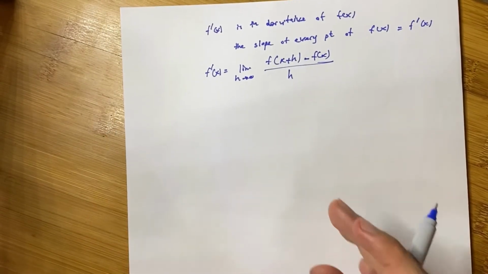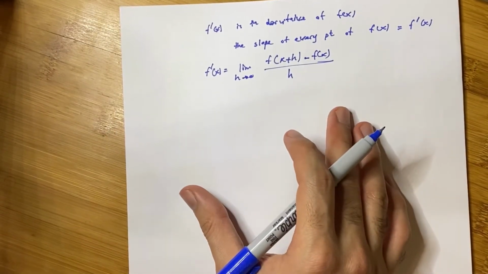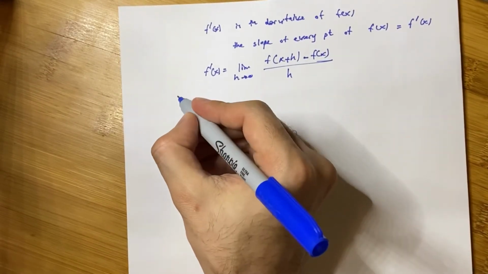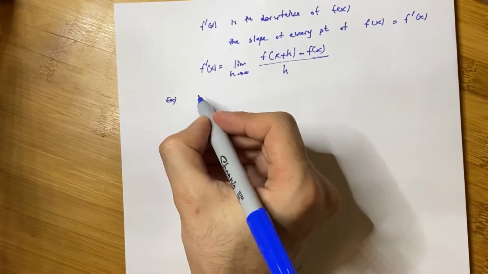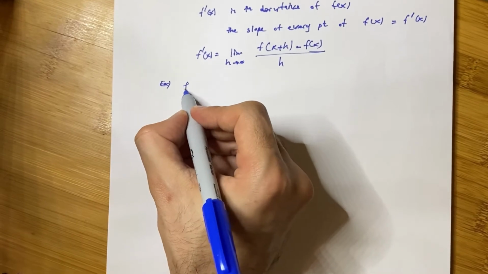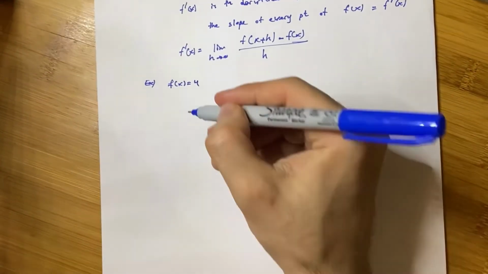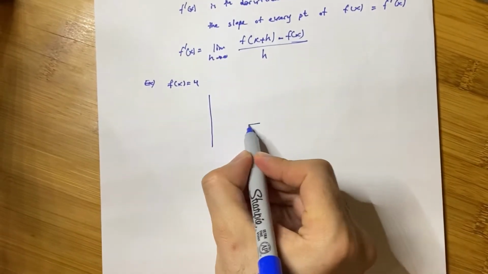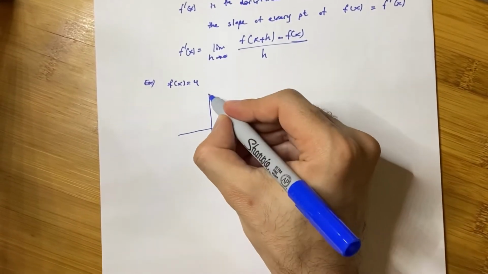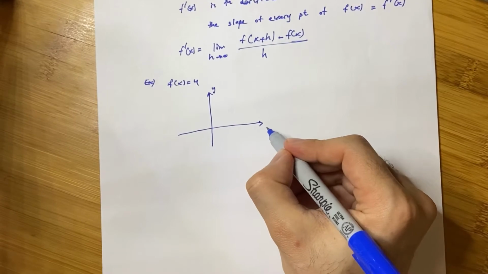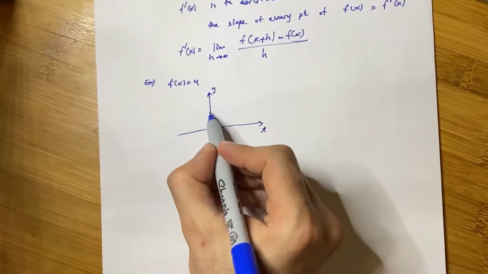So in the case of a constant, what we're gonna do, for example, let's take this example, f of x is equal to 4. If we graph it, the function will be this way. This is y, this is x, and this is 4.